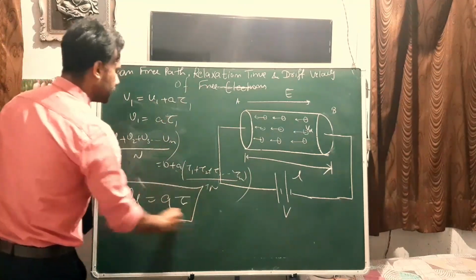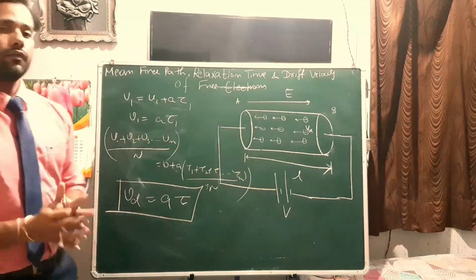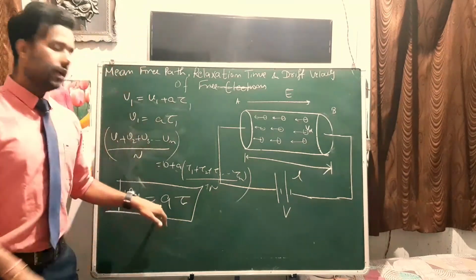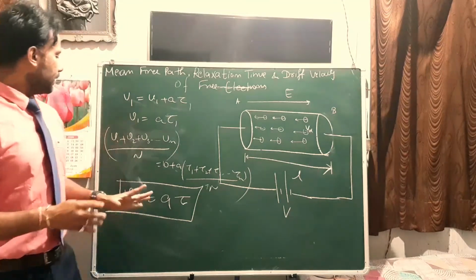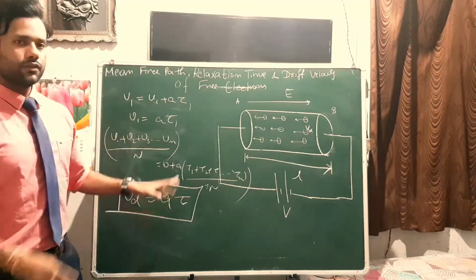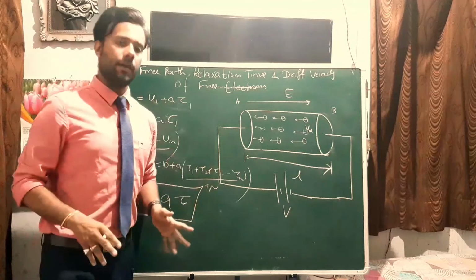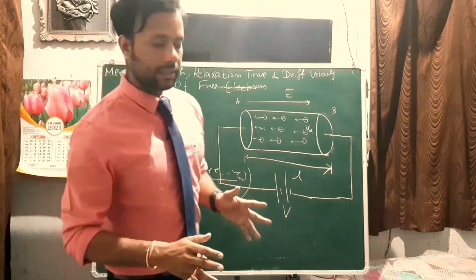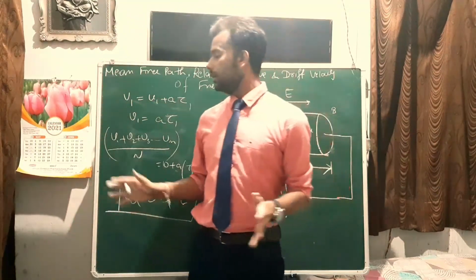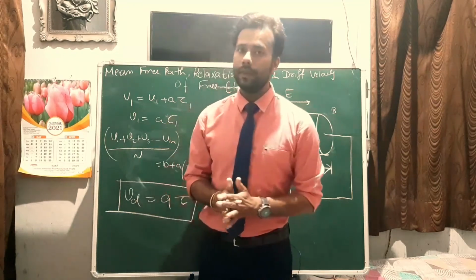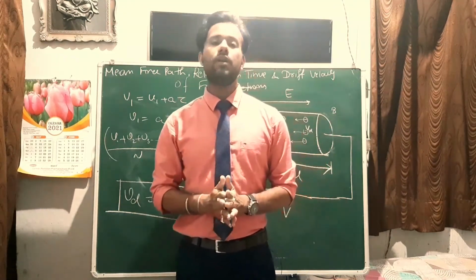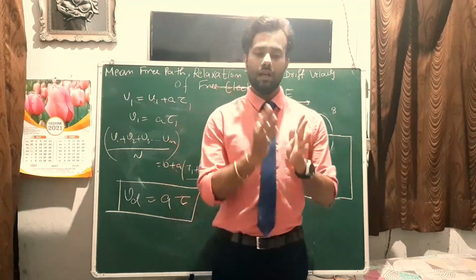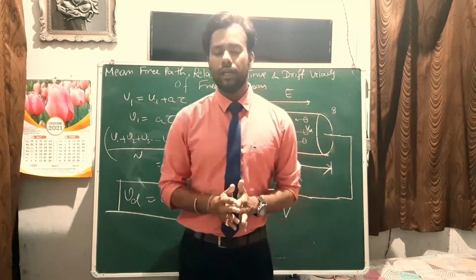So this is the expression of drift velocity. a is acceleration and tau is relaxation time. And you know the value of a, we have just calculated, that was eE upon m. So that's how the electron moves while the source is connected. We will cover the next part in the next video, that is the mobility of electrons and the relation between the drift velocity and the current. Till then, thank you so much, class.